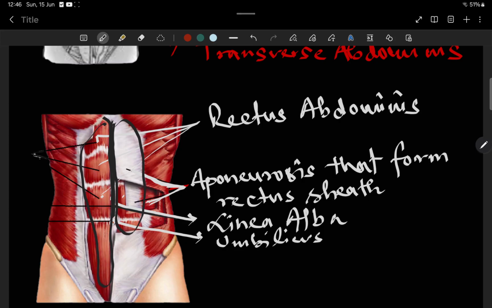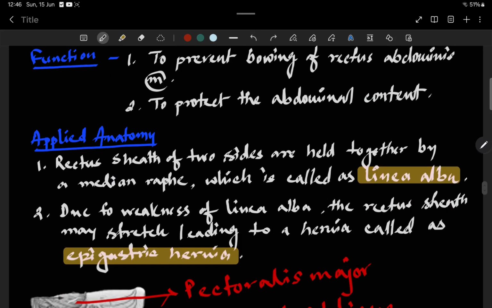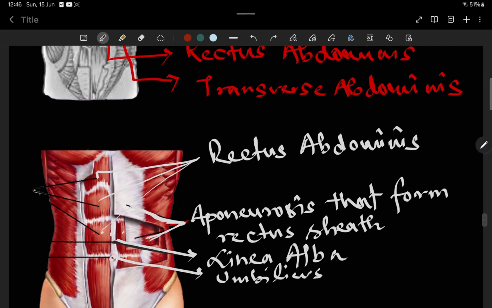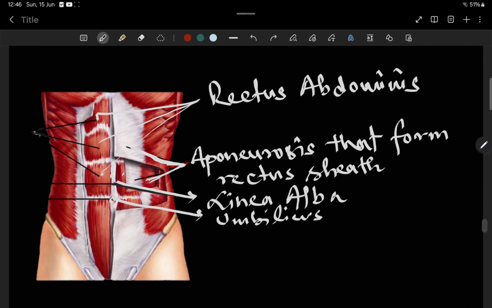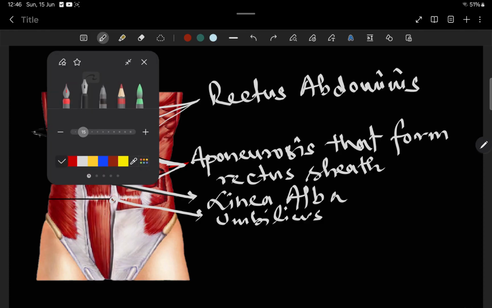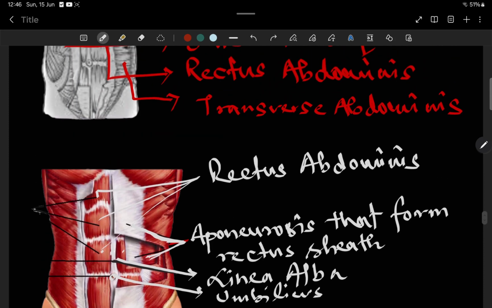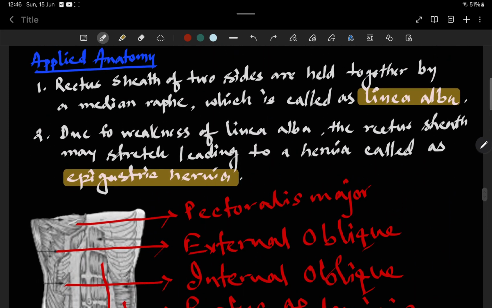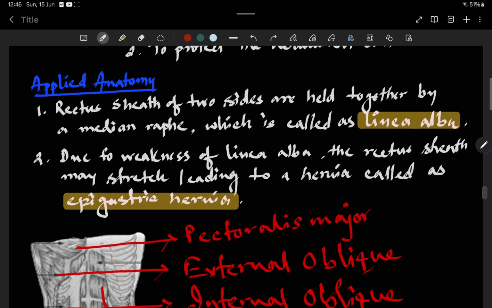This middle blackish portion I have drawn. Okay. Here you can see the whitish portion. This is the linea alba. This side rectus sheath and this side rectus sheath are joined to form the linea alba. Okay. So here is the linea alba.